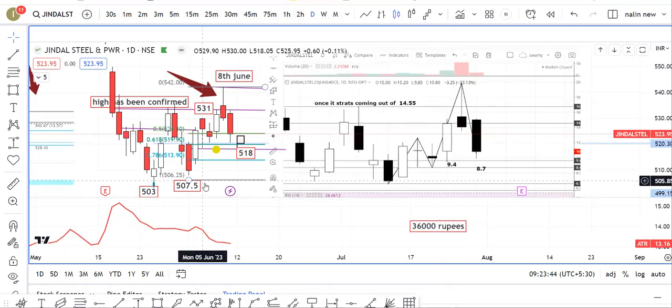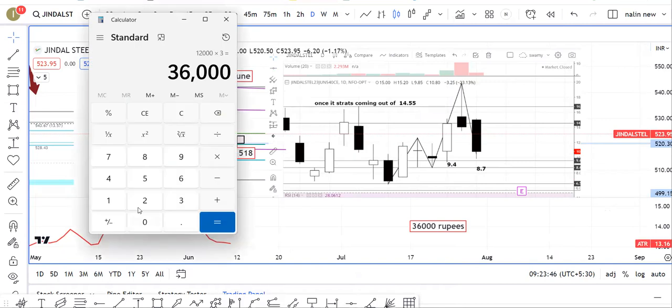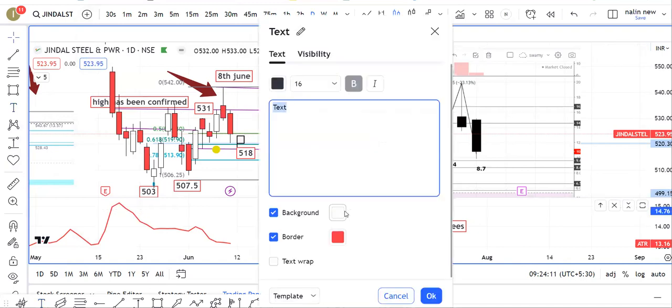And he has put in money: 16 into 1,200, into 3, that is 57,600 rupees.